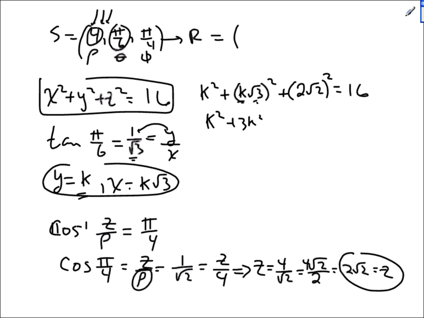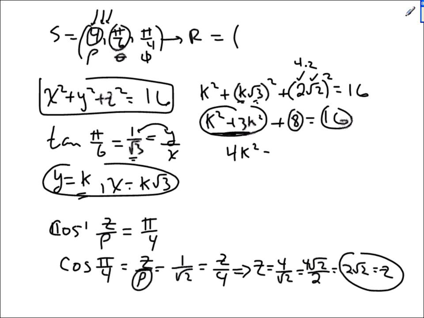You get 3k squared. Plus 2 squared is 4. Square root of 2 squared is 2. You get 8. 8 plus 8, 16. This is 8. It's also 4k squared, but it's 8. 4 times what I just circled equals 8. What I circled must be 2. So therefore k must be plus or minus the square root of 2.